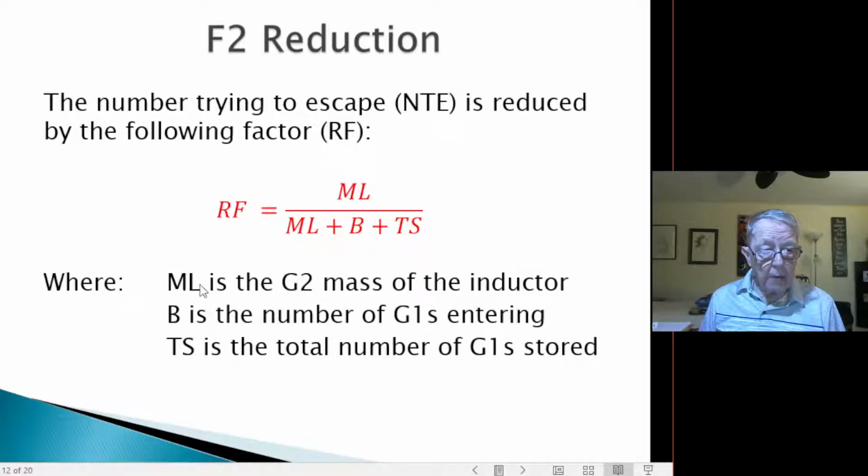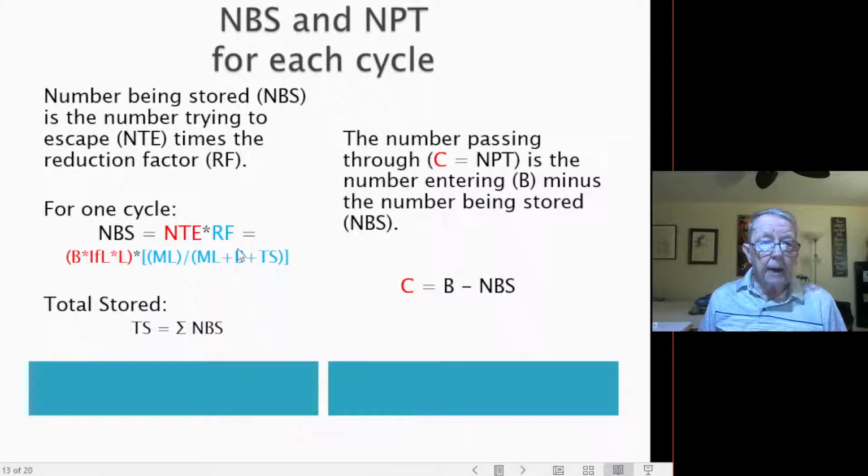And again, ML is the G2 mass of the inductor, B is the number of G1s entering, and TS is the number stored. Okay, number being stored and the number passing through. Number being stored, NBS, is the number trying to escape times the reduction factor.